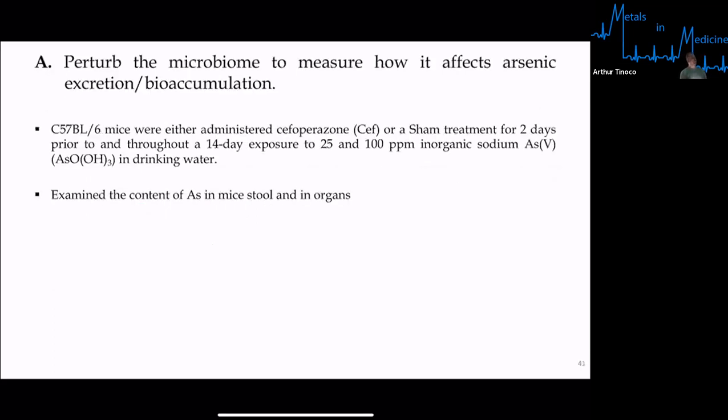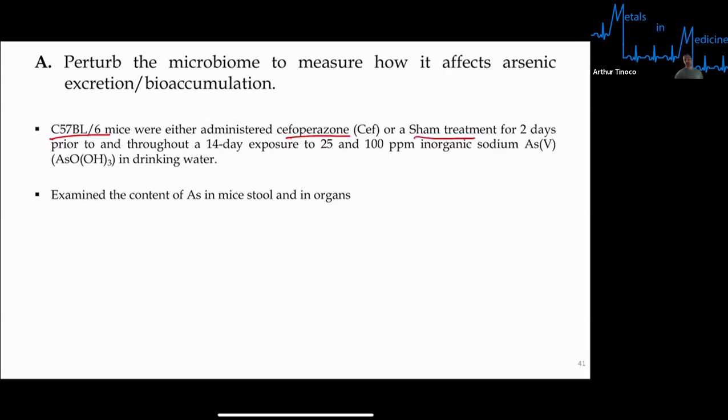All right, so what was the first thing? Perturb the microbiome to measure how it affects arsenic excretion and bioaccumulation. In this context, they're using that broad spectrum antibiotic as a way of perturbing it, a dosage that's enough to affect the levels of the microbiome. They used the C57BL6 mice, the black mice, and they were either administered the broad spectrum antibiotic or given a sham treatment.